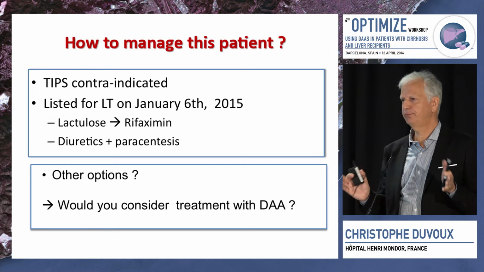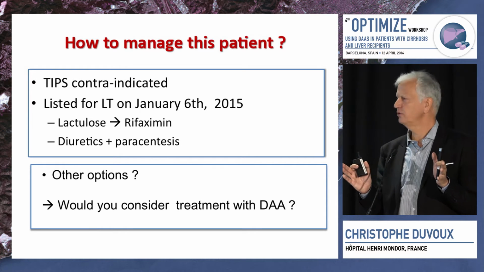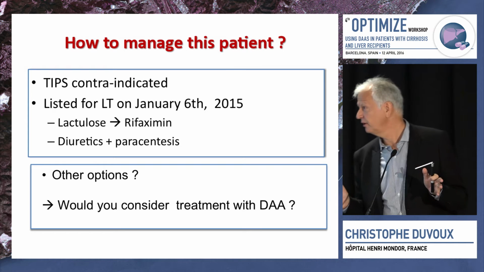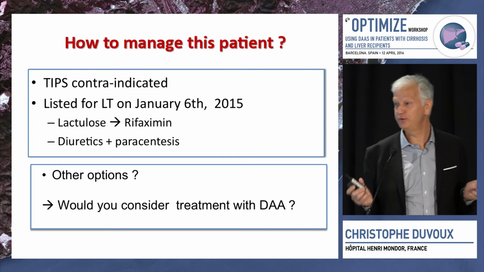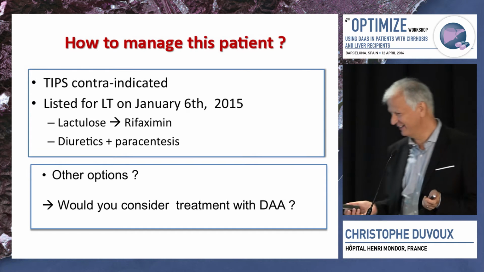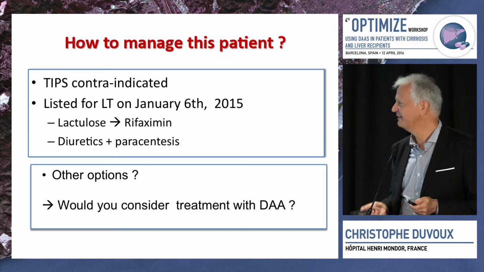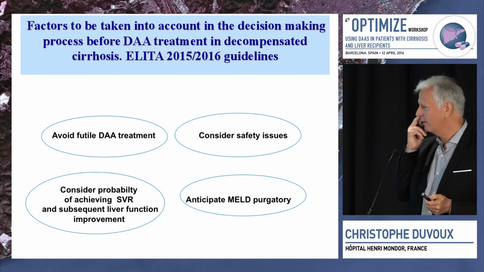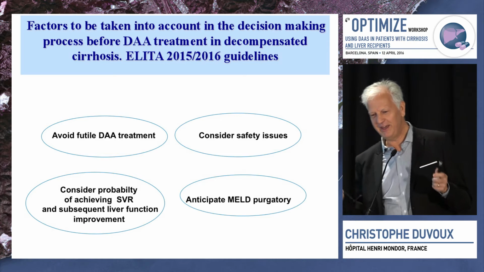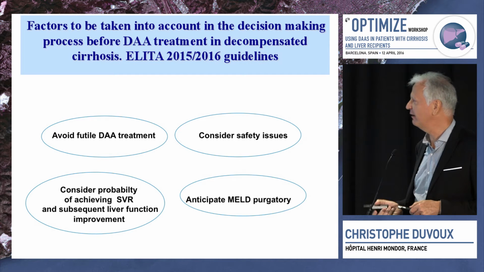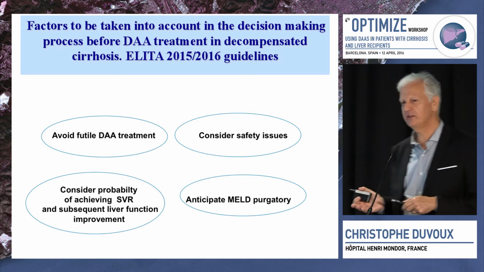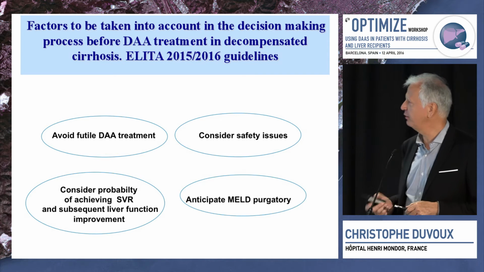So far we have probably 20% of the audience who decided to treat or not to treat, and probably 70% of the audience who doesn't know what to do. Okay, so quite concerning. Well, we have thought about that for a long time now at ELITA, and we have had 2 successive meetings, one in 2015 and one recently in 2016 in Milano.